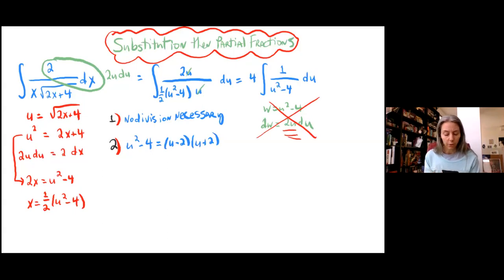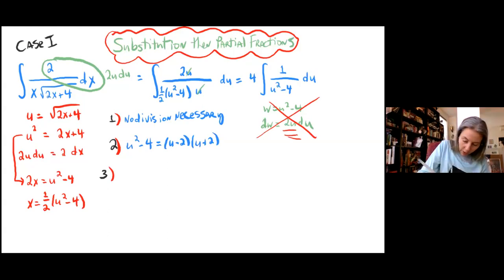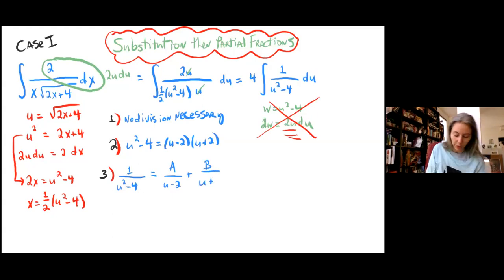They're both unique, they're both distinct, so this is actually a case 1 partial fractions problem. So for our step 3, that means they each get one fraction to themselves. So in other words, 1 over u squared minus 4 is equal to A over u minus 2 plus B over u plus 2.